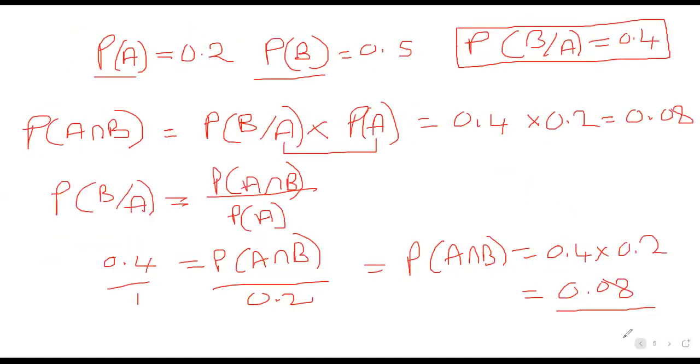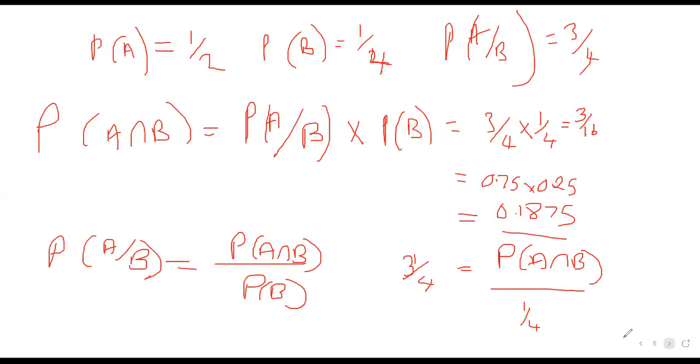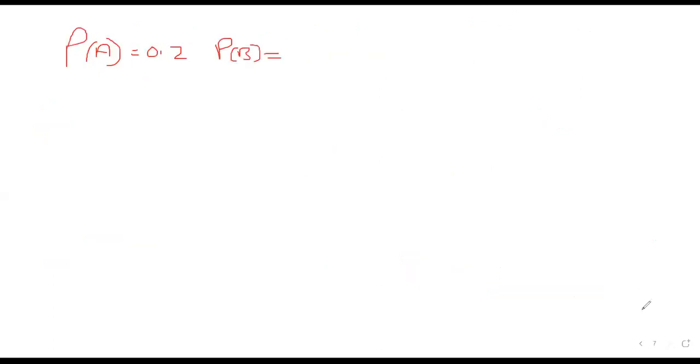Okay, so suppose we have probability of A. The first question we had 0.2, probability of B 0.5 and B given A 0.4. How do we find the complement of A?